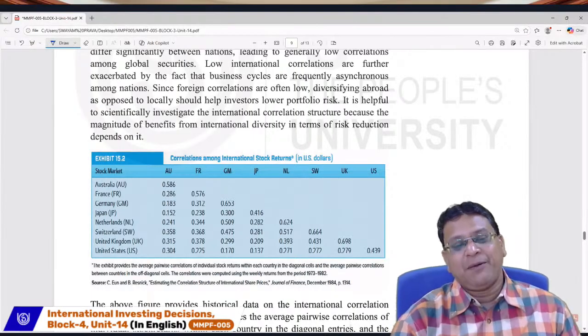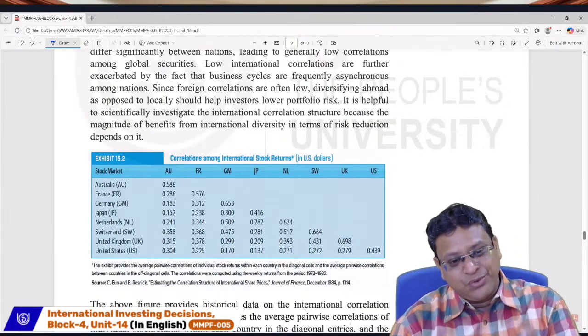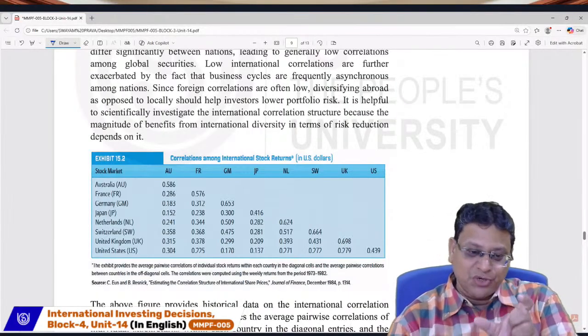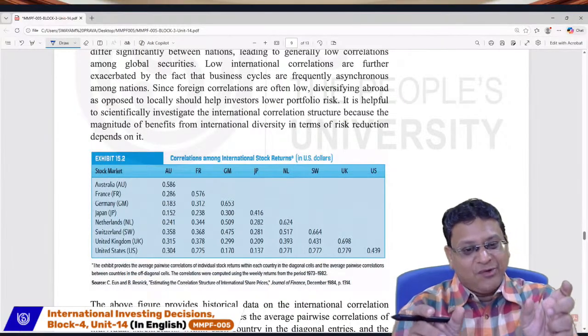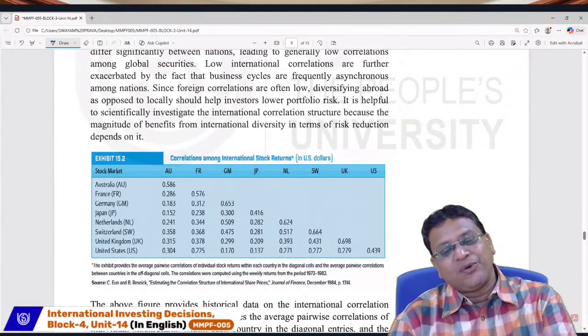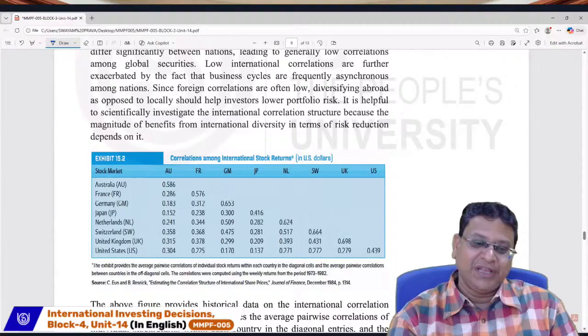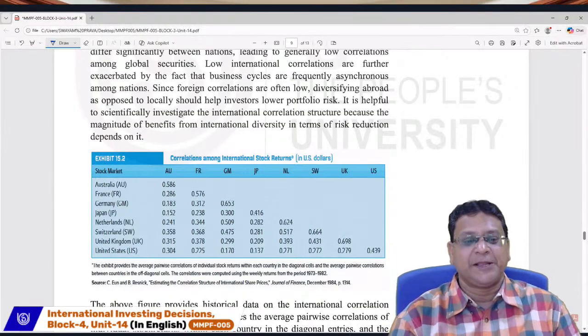In this case, you have to find out correlation between your stock market return and that country's stock market return, and the country where the correlation is less, you should invest in that type of country.